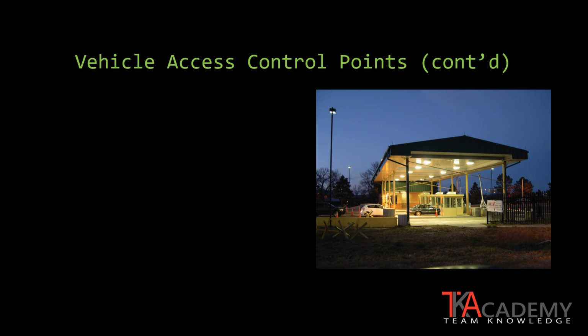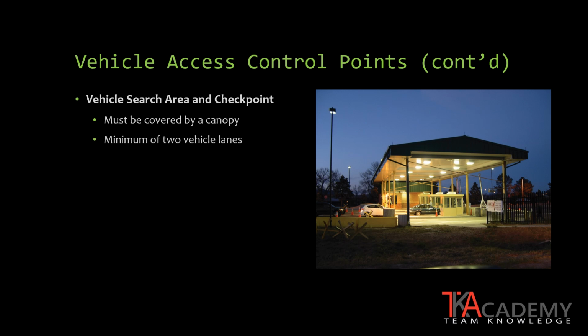The access control zone is where vehicles are stopped, inspected, and either granted access or rejected and turned around. This zone includes the vehicle search area and checkpoint. The vehicle search area must be covered with a canopy so that it can be operational in all types of weather. There must be a minimum of 2 vehicle inspection lanes, so if one is rendered incapable, either intentionally or incidentally, there is another lane that can remain operational.